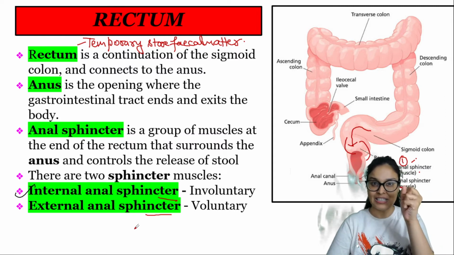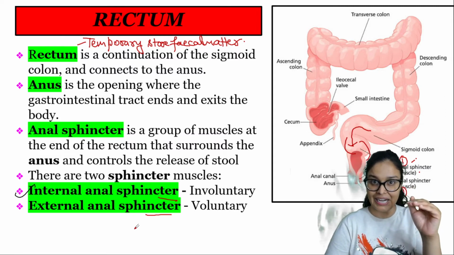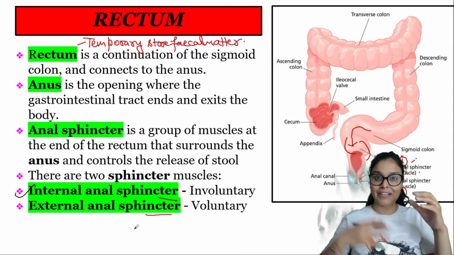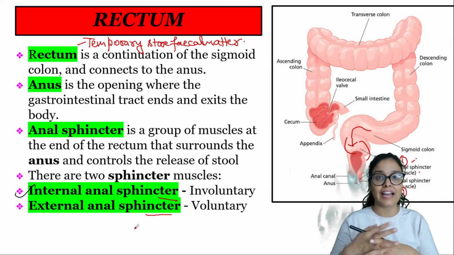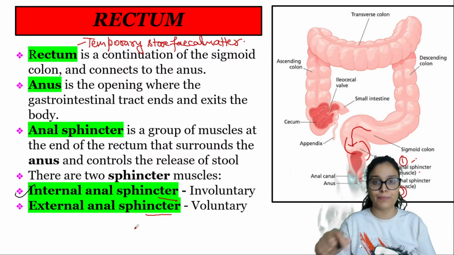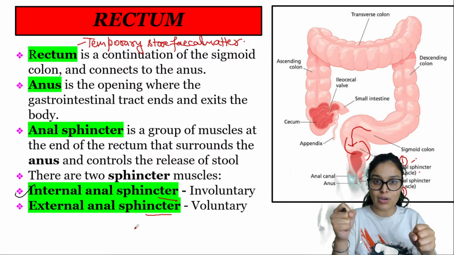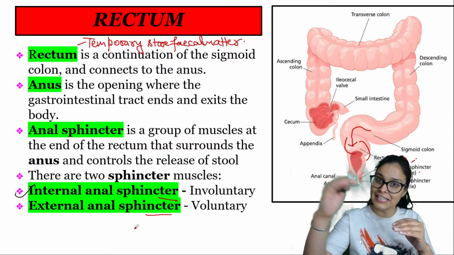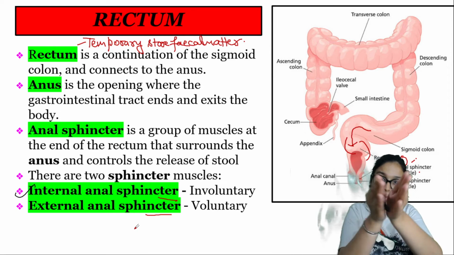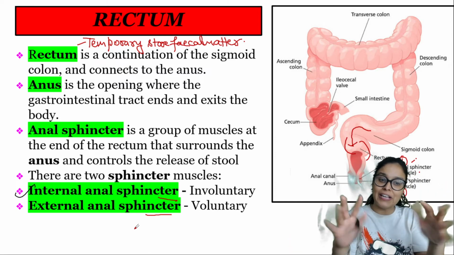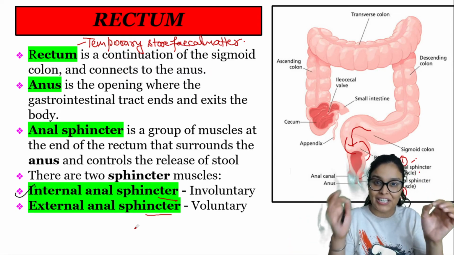We can control fecal matter for a certain time, up to a certain limit. When lots of fecal matter fills the rectum, huge pressure will be generated, and if we try to control it after a certain limit, we cannot. The internal sphincter will open, and once the internal sphincter opens, no one can stop the external one, not even us.